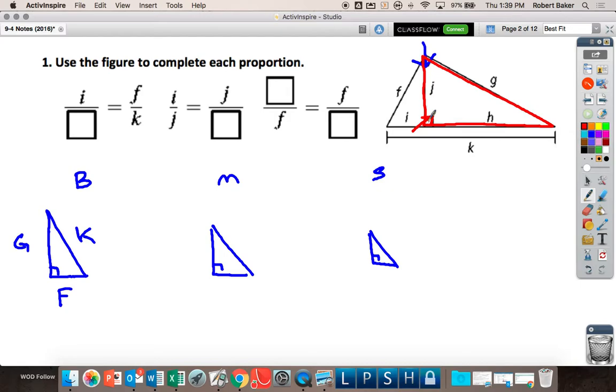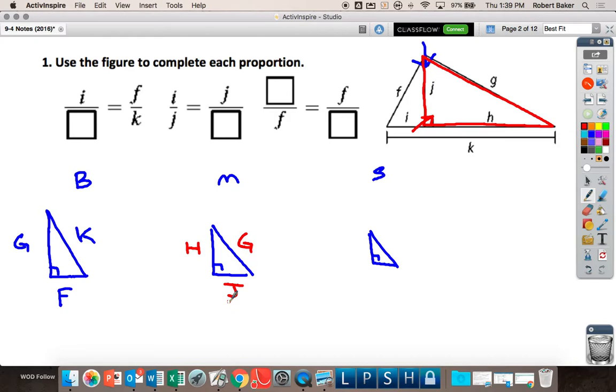G. The long leg, H. And the short leg, J. You see what we're doing there? Is anybody completely and utterly lost right now? Or you feel like it's a little bit confusing, right? It's a little bit confusing.